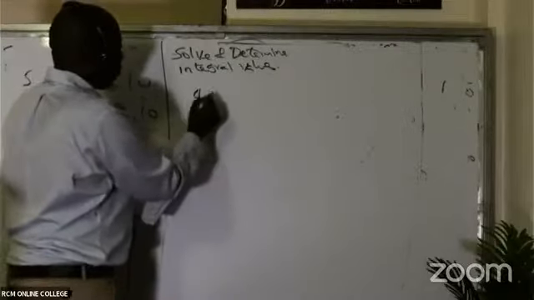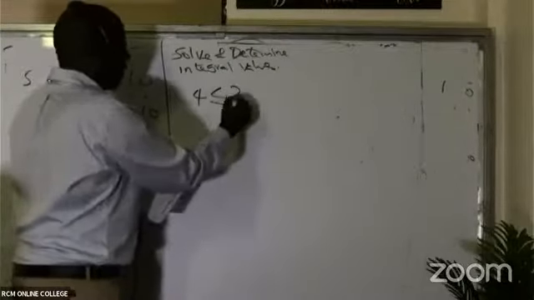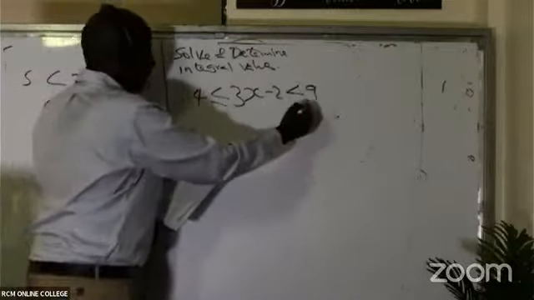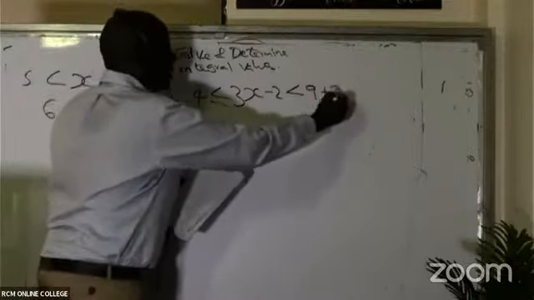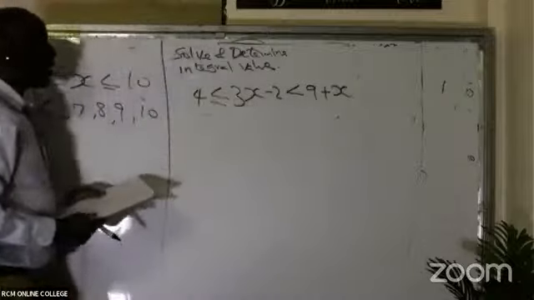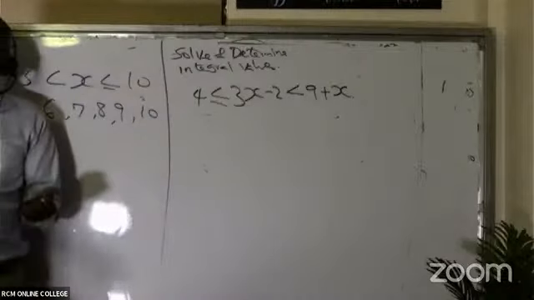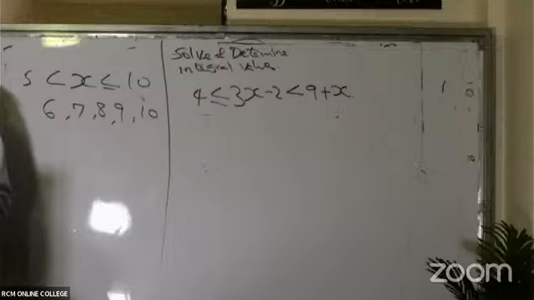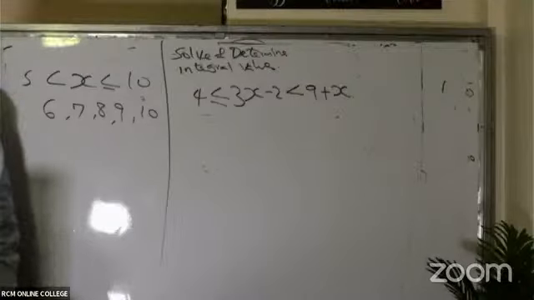So we have 4 less than or equal to 3x minus 2 less than 9 plus x. I'm giving you exactly, this is a 3 minutes question.